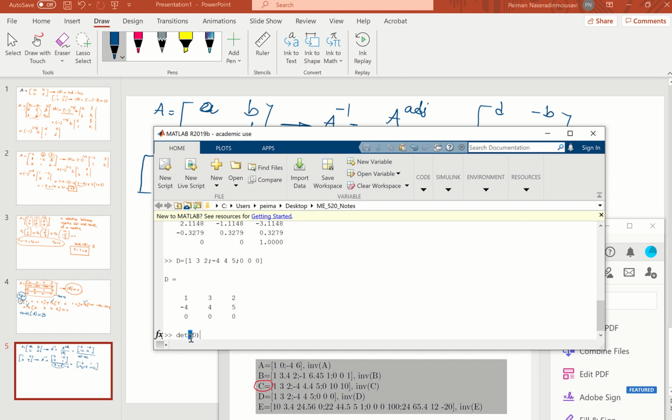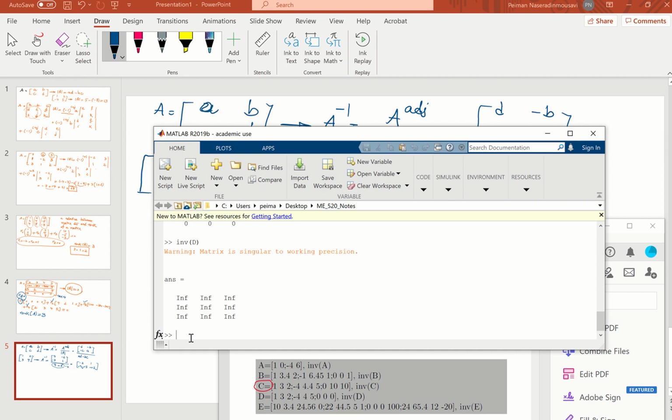Determinant of D is how much? 0. Guys, how is it possible that D has an inverse? If D is this, the inverse of D is going to be infinity.